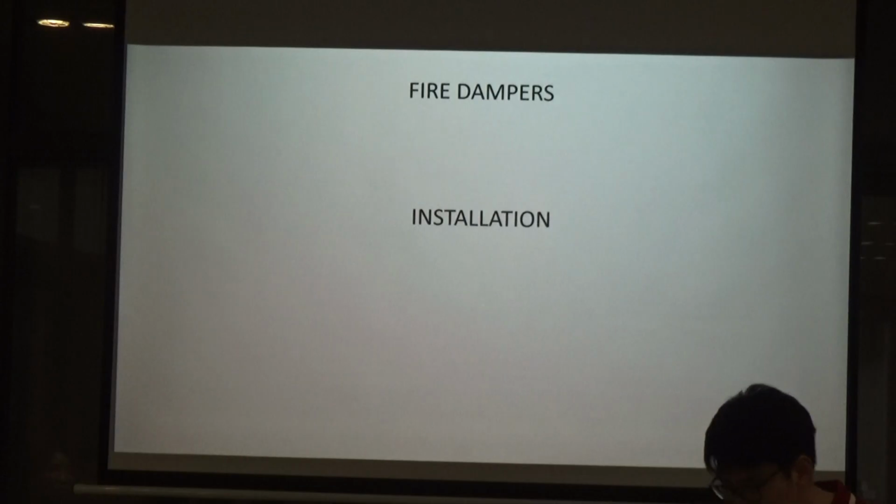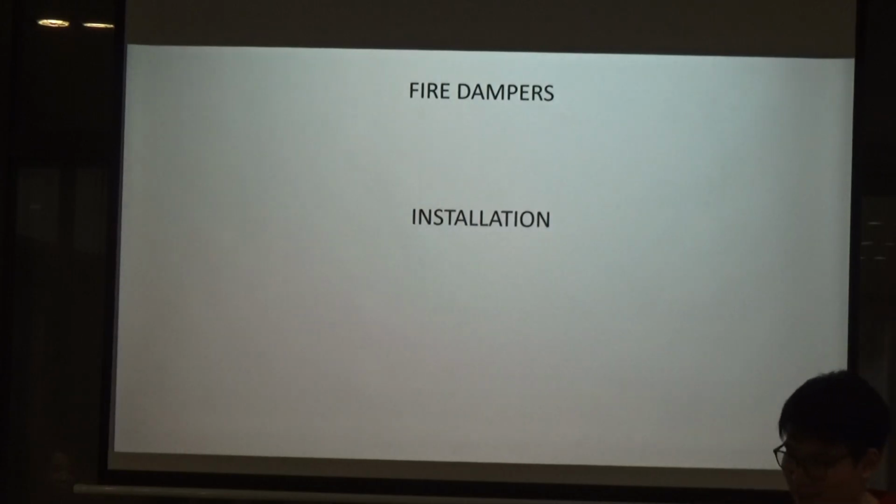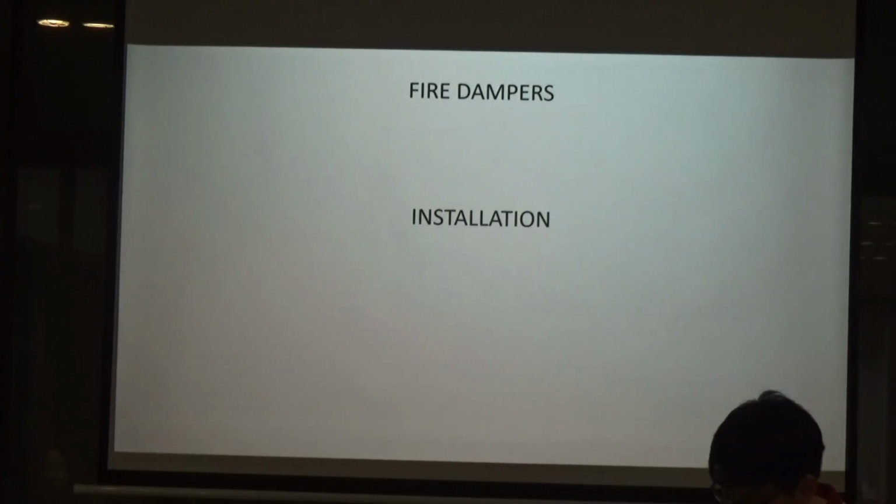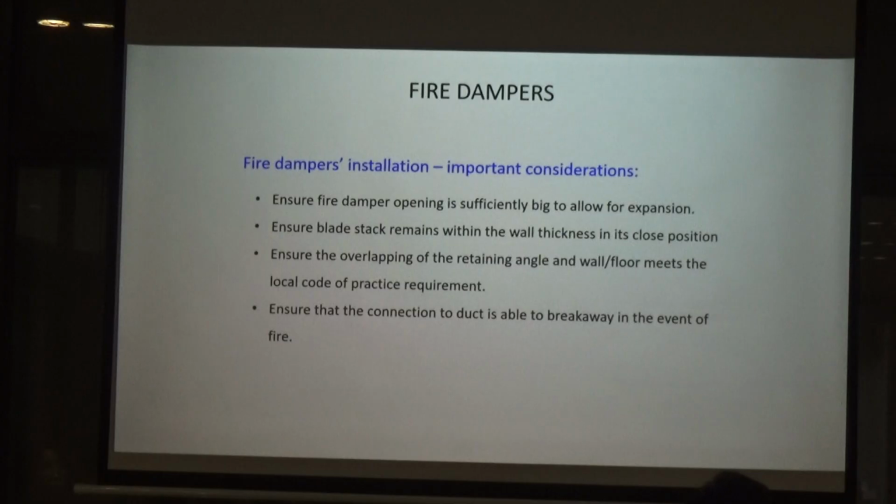Today I want to talk about installation, where we as a manufacturer try to advise the contractor on the correct way to install. There are 4 important considerations during fire damper installation.